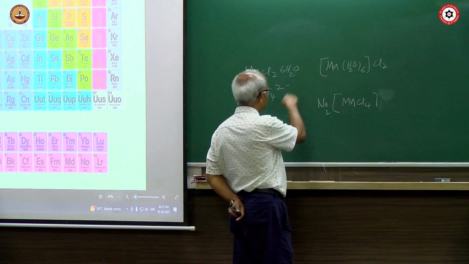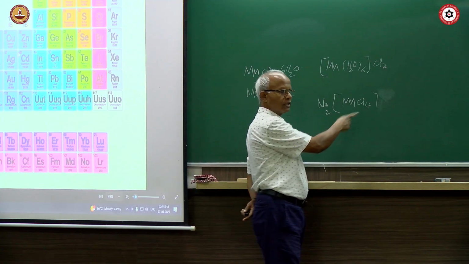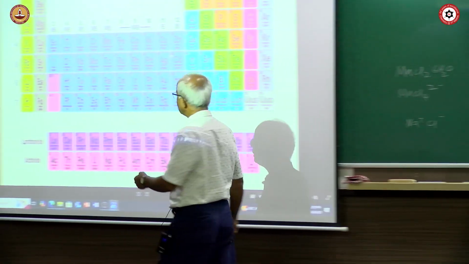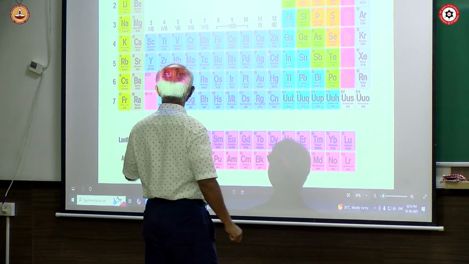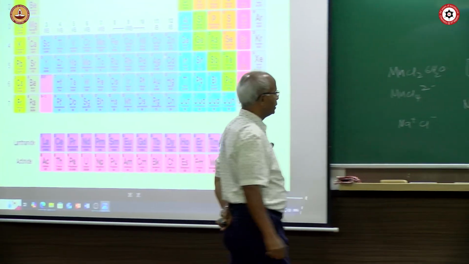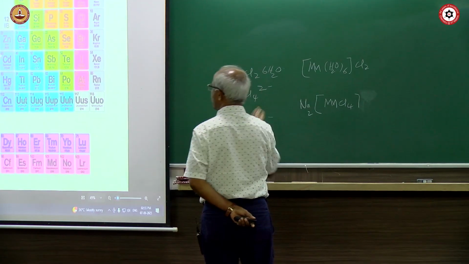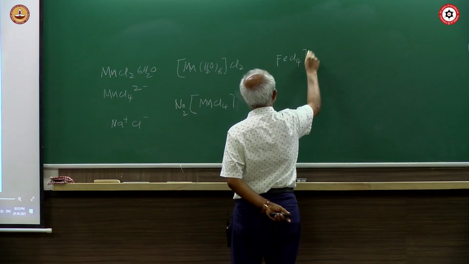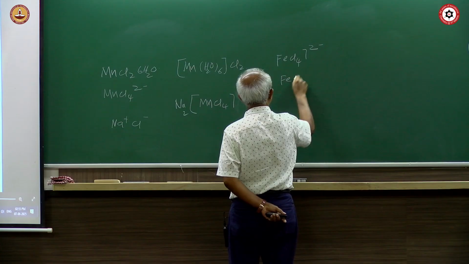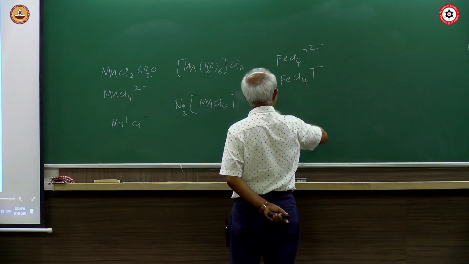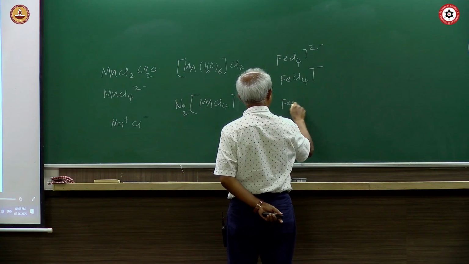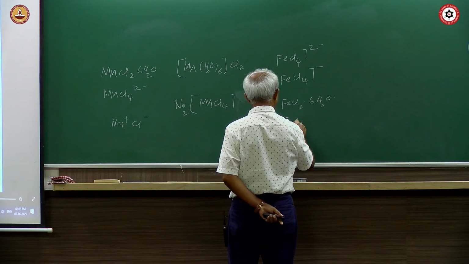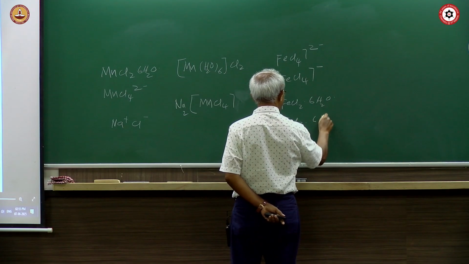So for this compound, since I put only anion, I am adding now what is the cation that can be present. It can be different kinds of cations, coming from one of these elements here, or one of these from here, right? So here I can keep writing for example, iron, FeCl4 2 minus, FeCl4 1 minus, or FeCl2 6 water, or FeCl3 6 water.